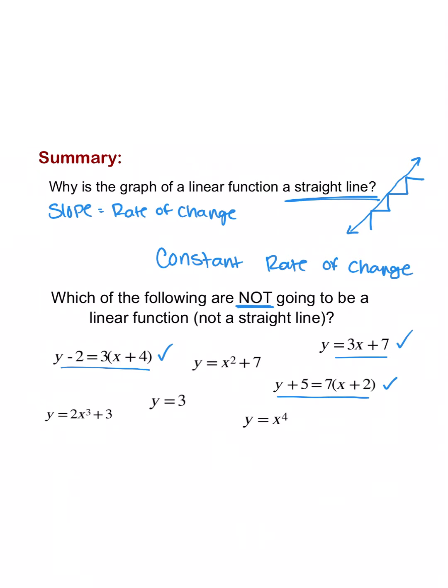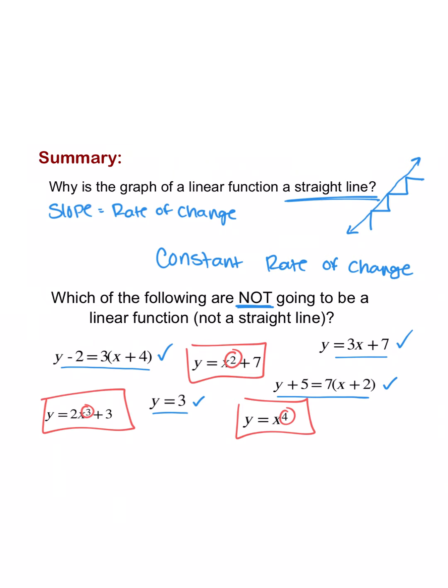We know y equals 3 is a horizontal line, so that's a straight line. But these other ones, we haven't really talked about what it means to have an exponent. These ones have exponents on there, so these ones are not going to be straight lines. All the other ones, those are straight lines.